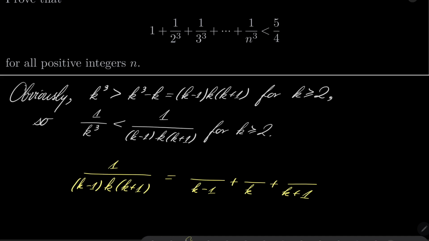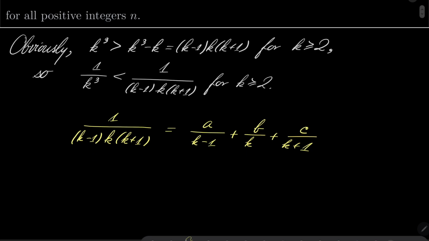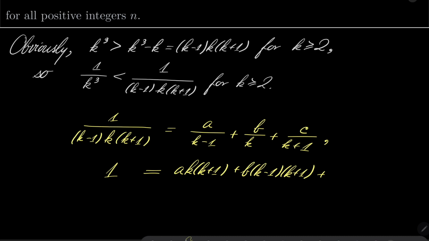Well, we can write a, b, c in these places, and we can multiply by (k minus 1) k (k plus 1). So we will have 1 equals a(k minus 1)(k plus 1) plus b(k minus 1)(k plus 1) plus c(k minus 1)k. And now let's see.